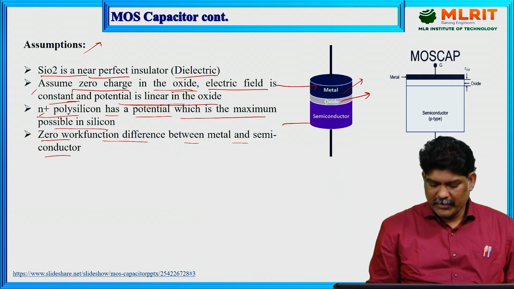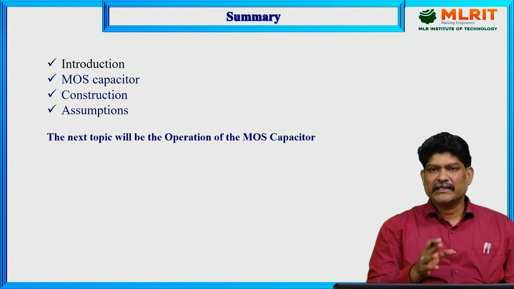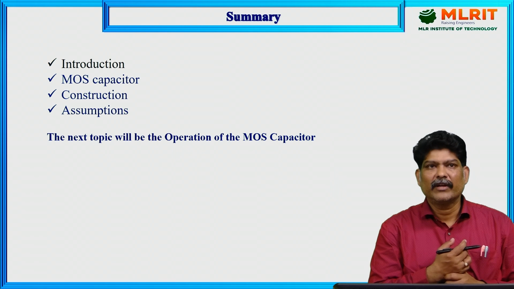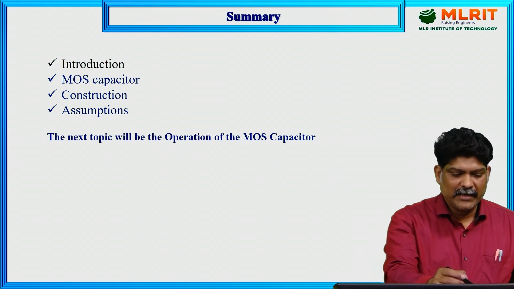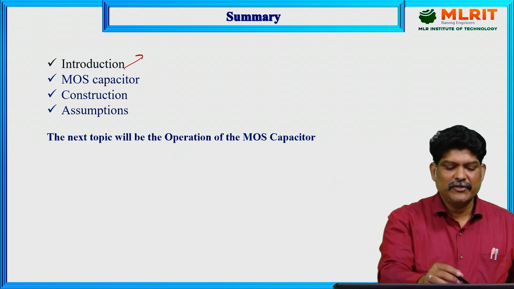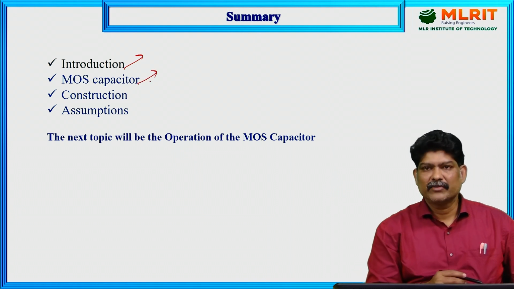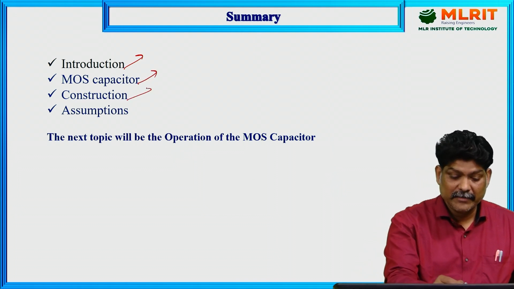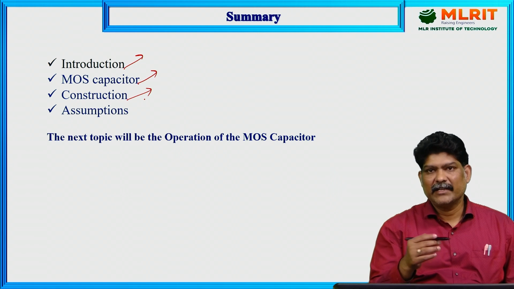So that is about the basic construction and operation. Today we started with an introduction to the MOS capacitor, described what a MOS capacitor is and where it is used, and discussed its internal structure and energy band diagram.